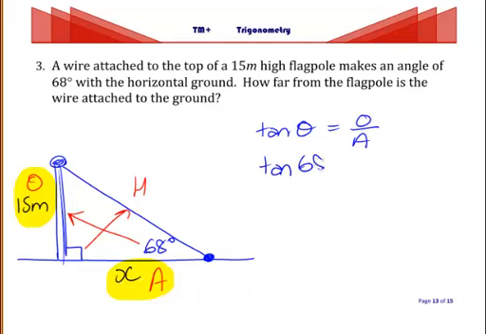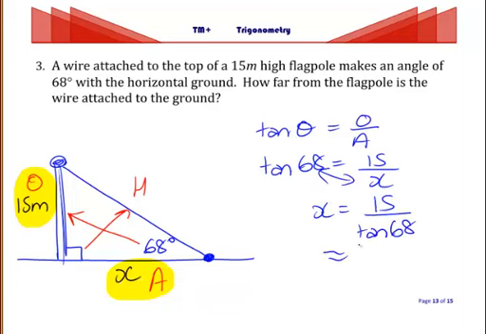Tan, plug in, 68 is opposite, is 15 over adjacent, which is X. Swap these over. X equals 15 over tan of 68. Plug into your calculator. 15 divided by tan of 68 is approximately 6.06, and we're in metres. So finish with a therefore statement. Therefore, the wire is approximately 6.06 metres from the base of the flagpole.